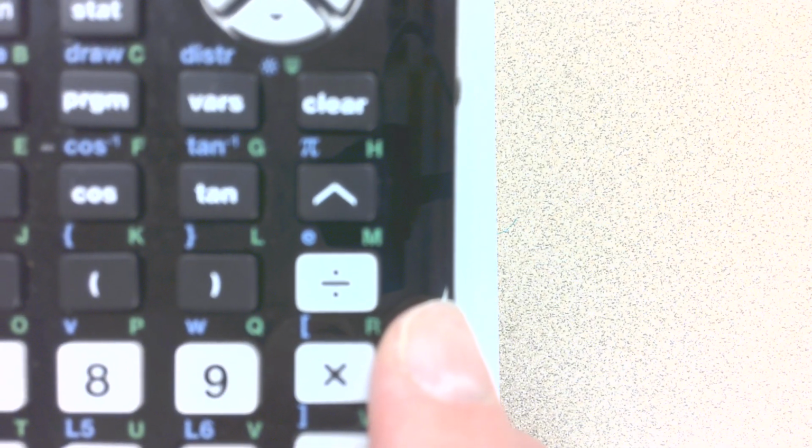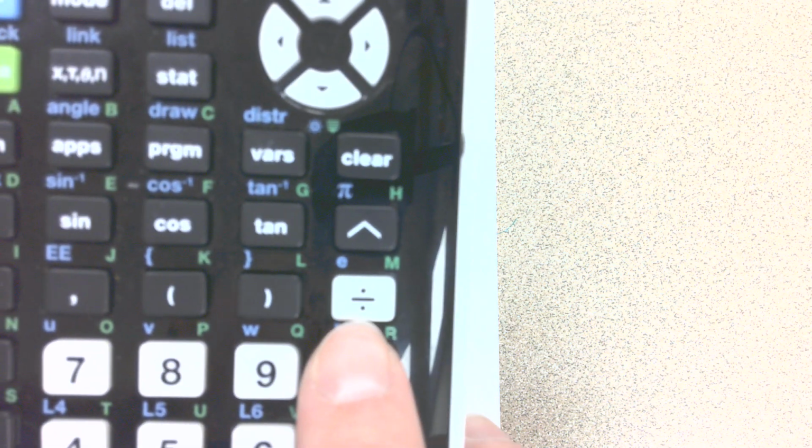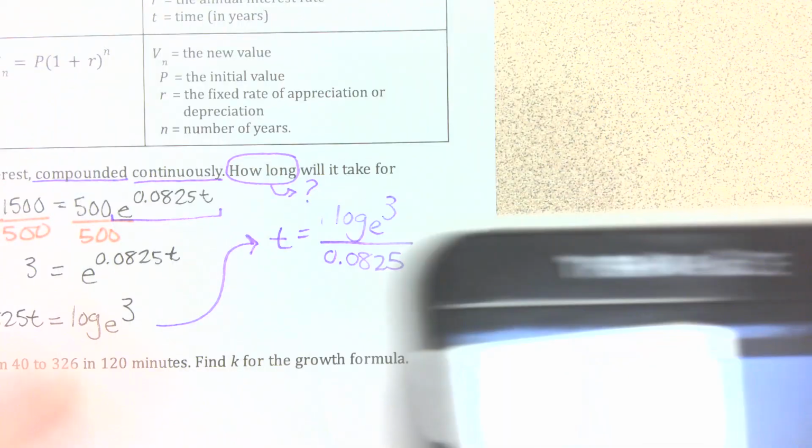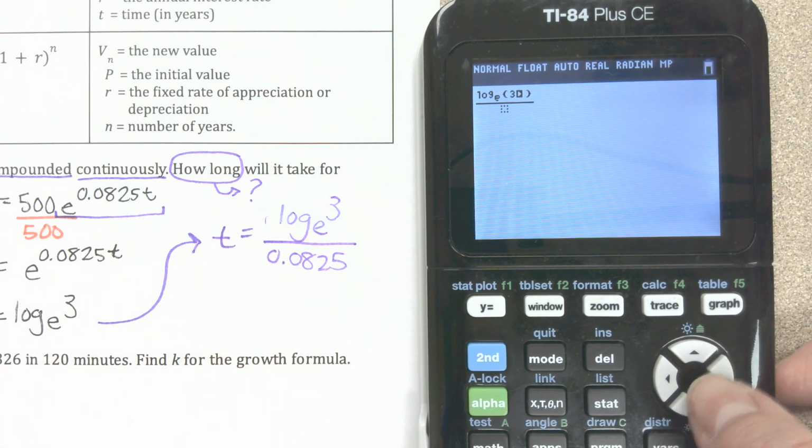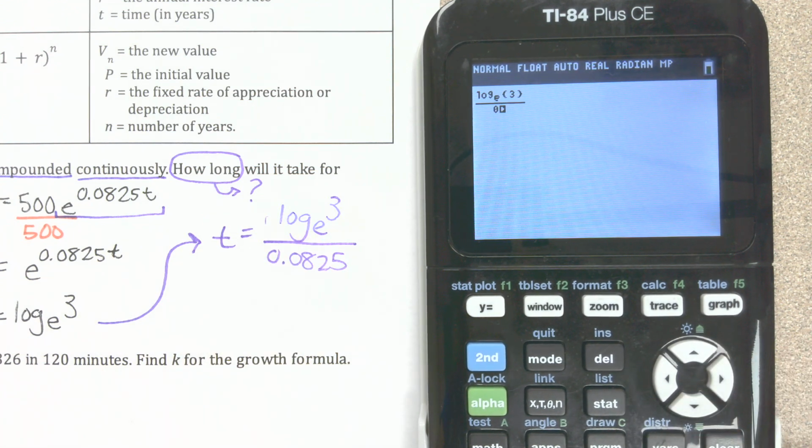But above the division sign, you should be able to see on your own calculator, you've got the e. So log base e of 3 over 0.0825.